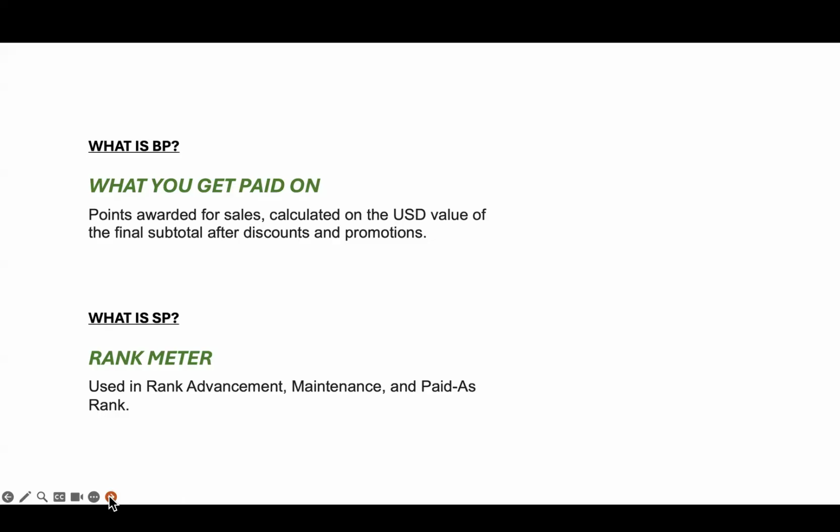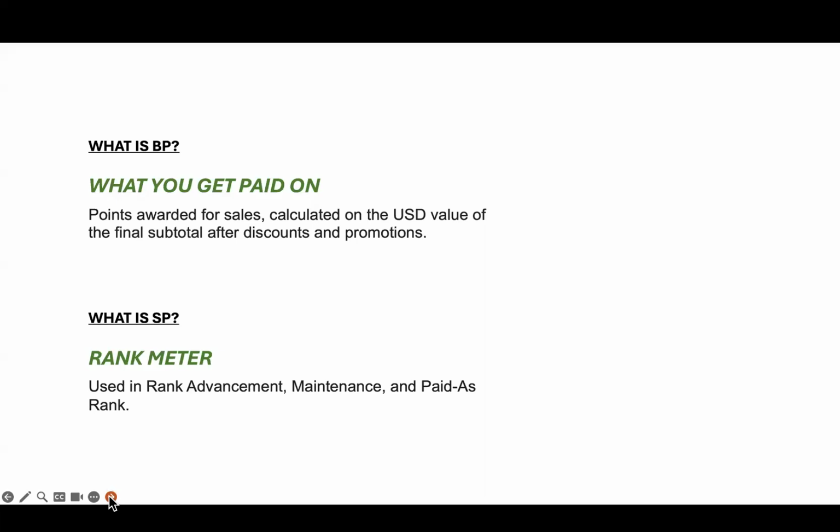That's our commissionable point system, right? You could look at it like dollars, but it's commissionable points that turn into money that gets paid to us. It's points awarded for sales calculated on the USD value of the final subtotal after discounts and promotions. So BP is what we get paid on all the activities that we do.